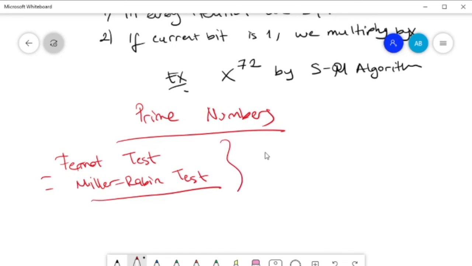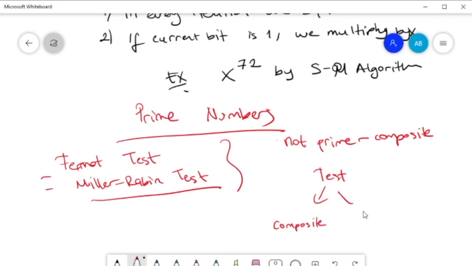In this prime numbers test, the test always says that when a number is not prime, we call it composite. Usually in a prime test, they either output that the number is composite or it is likely prime.